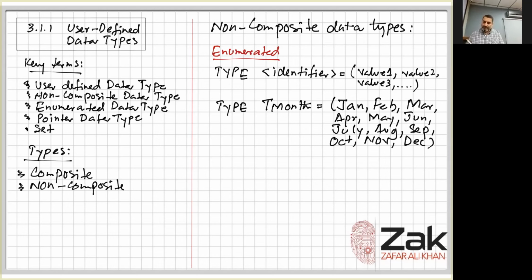That's my data type, TMonth. So this is a data type, not the variable itself. This name usually begins with T to aid the programmer, and these values are not strings.